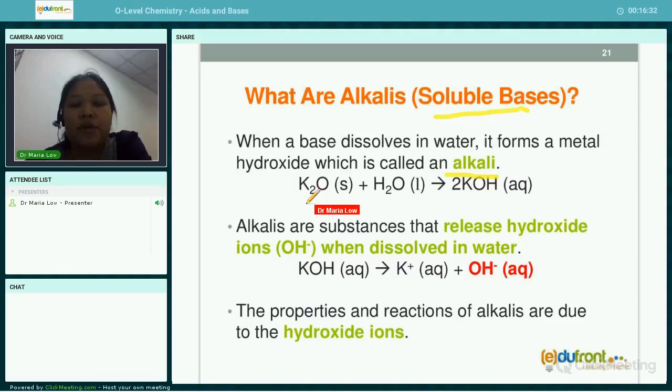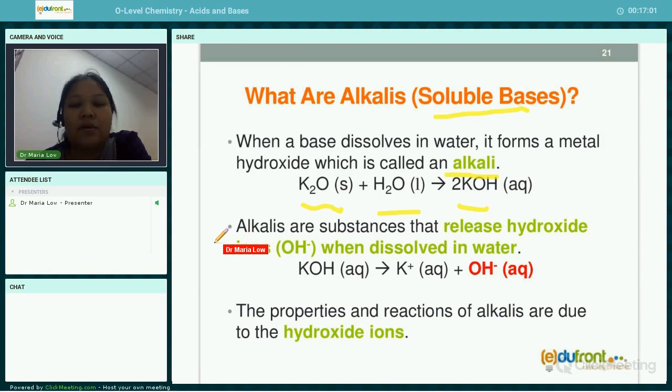So in this case, I'll give you an example. I have potassium oxide. Potassium oxide is a metal oxide that belongs to group 1 because potassium is under group 1. When we react it with water, what you end up with is an alkali. In this case, this alkali has a chemical formula of KOH, meaning that it is potassium hydroxide.